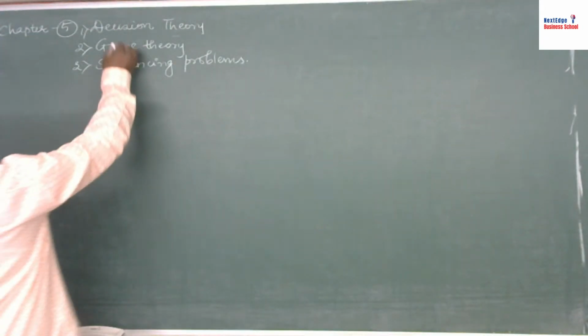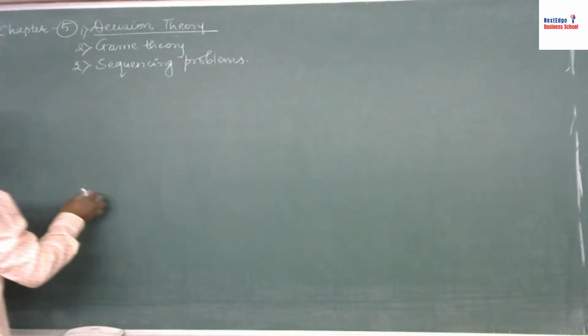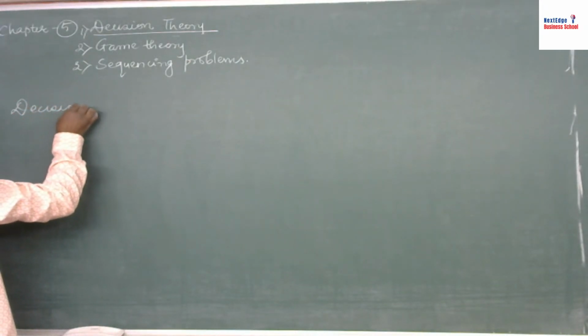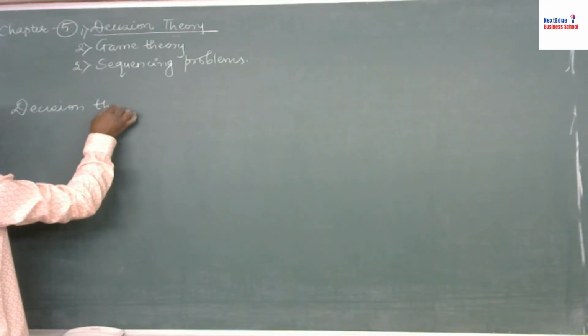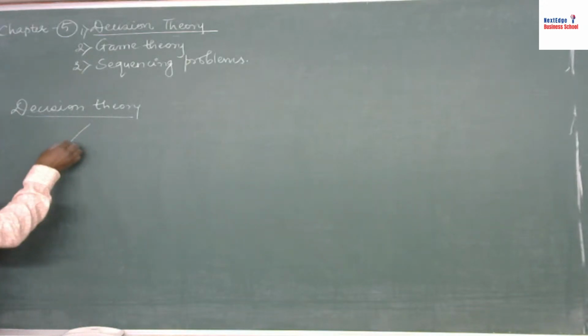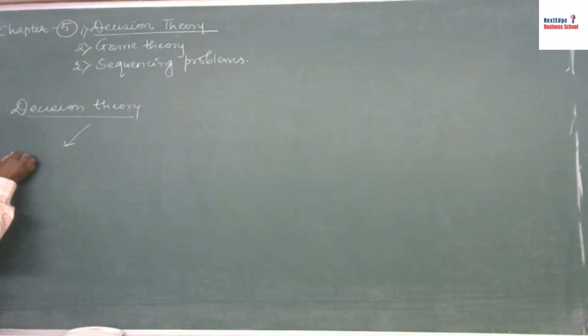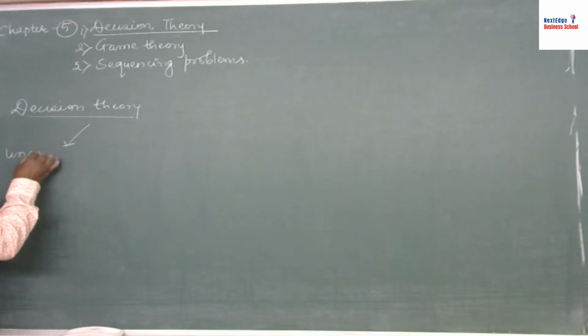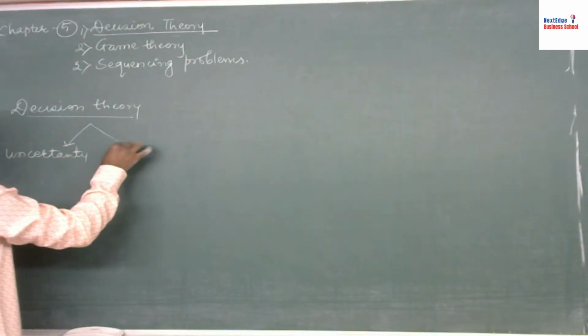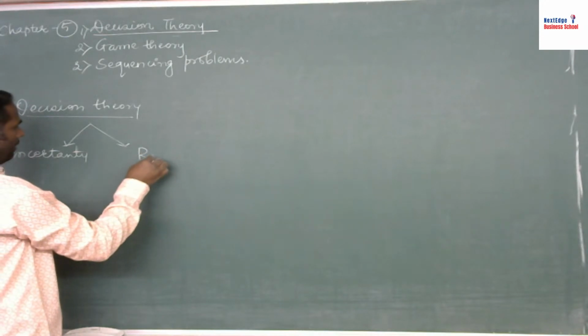So in decision theory there are two types of conditions. We are asked to take certain calls or decisions, right? The one part is decision under uncertainty, and the second part is decision under risk.